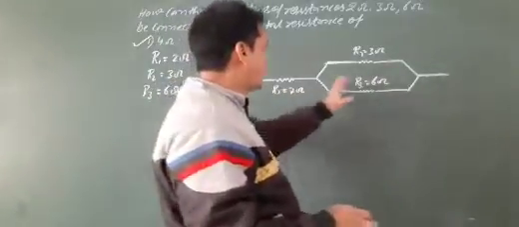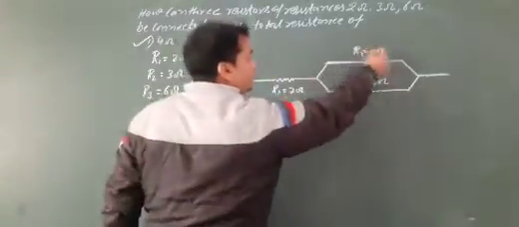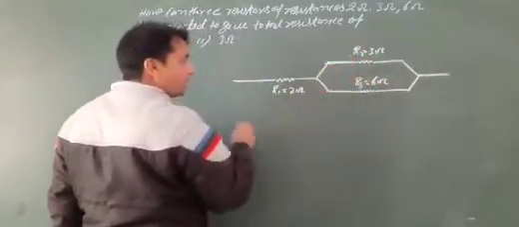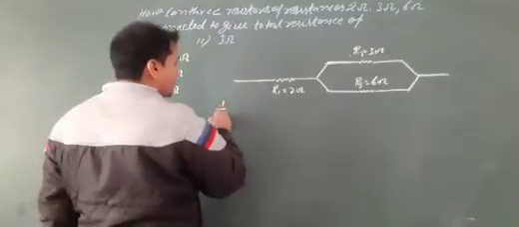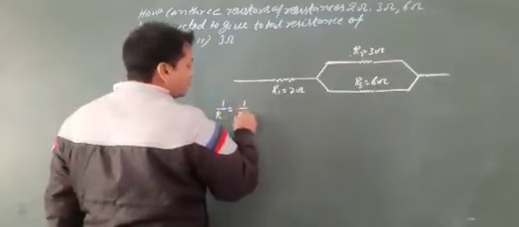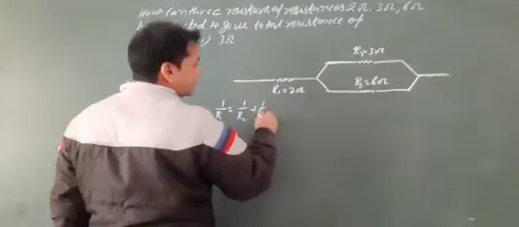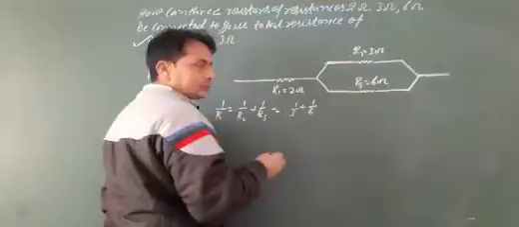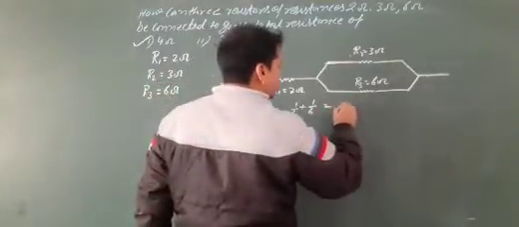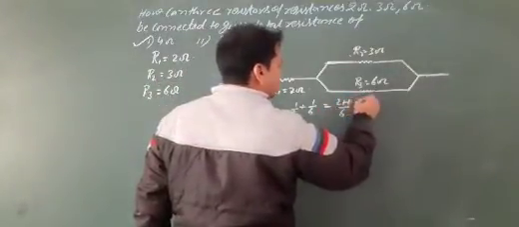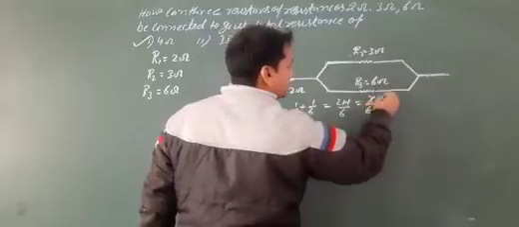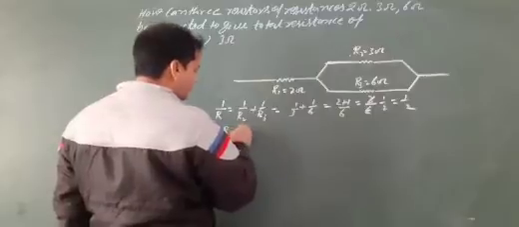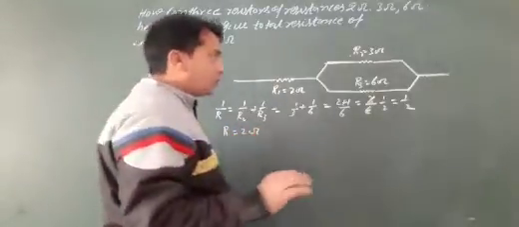Now we calculate. The 3 ohm and 6 ohm are connected, so the equivalent resistance of R2 and R3 is given by 1 by R equals 1 by R2 plus 1 by R3, that is 1 by 3 plus 1 by 6, which is 2 plus 1, 3 by 6, that is 1 by 2, so R equals 2 ohm.